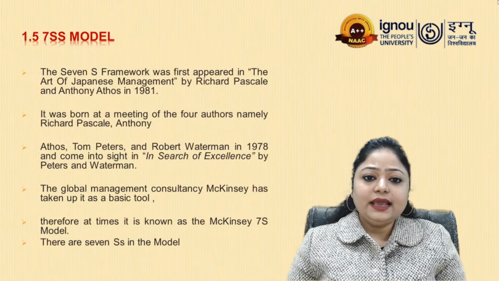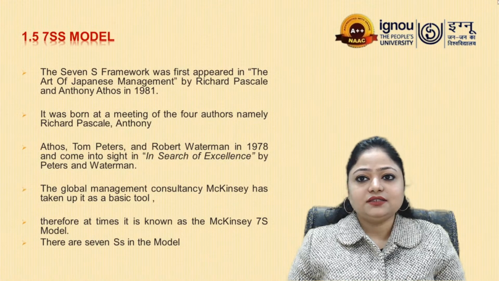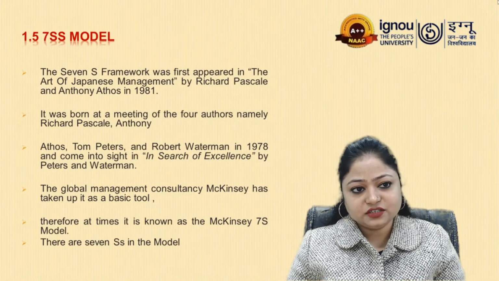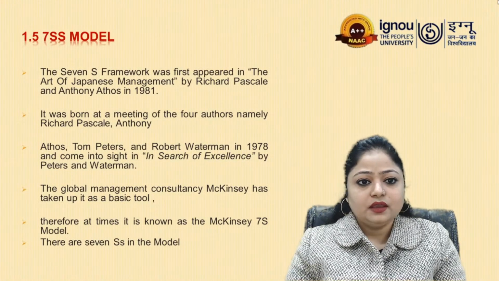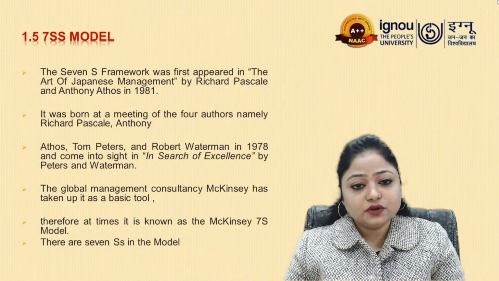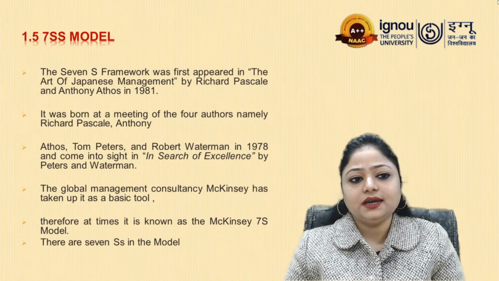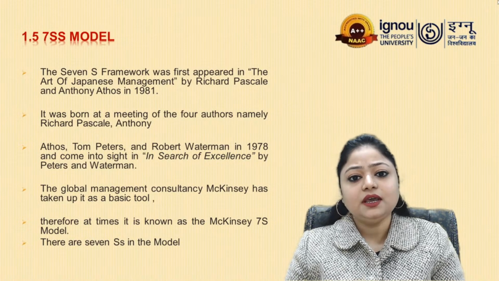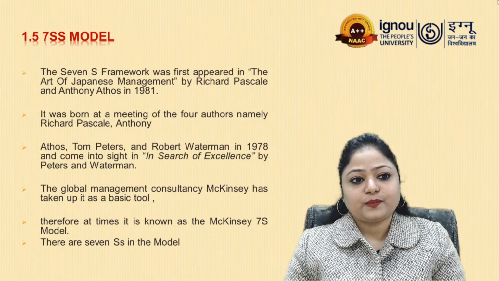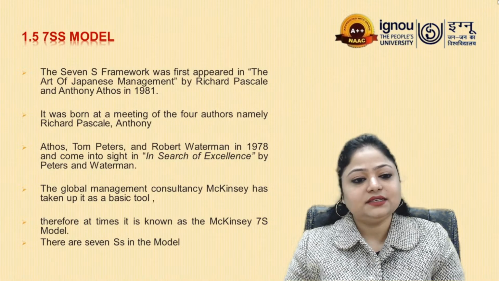And yes, organization can also be understood as a political system. Then comes the last section of this entire unit, which is the 7S model. Now, the 7S framework first appeared in The Art of Japanese Management by Richard Pascale and Anthony Athos in 1981.